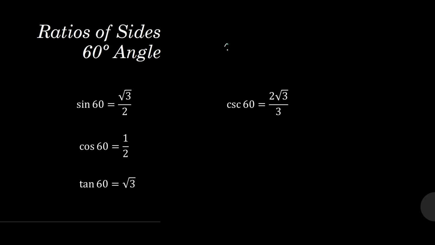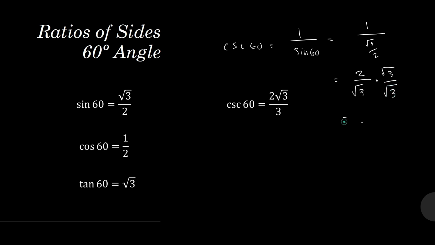Okay, so let us show it. So we will rationalize the denominator, and we will do it by multiplying square root of 3 over square root of 3. So that is cosecant of 60 degrees.